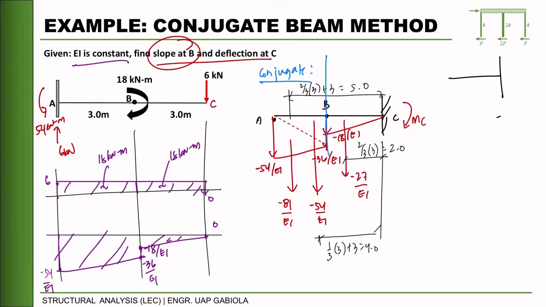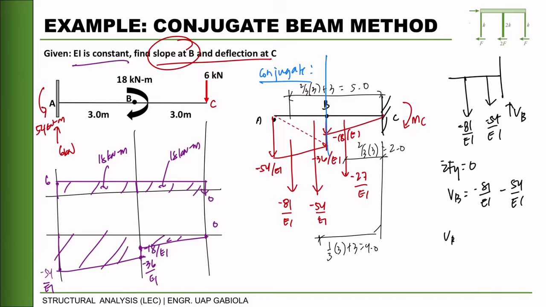These are the values of the ECL of the two triangles of the trapezoid. And then we need the shear at B. Okay. So summation of forces Y is equal to 0. VB is equal to negative 81 EI minus 54 EI. 81 plus 54, that is negative 135 over EI kilonewton meter squared, or that is equivalent to the slope.